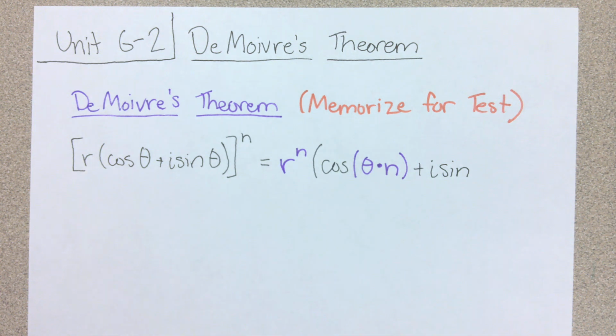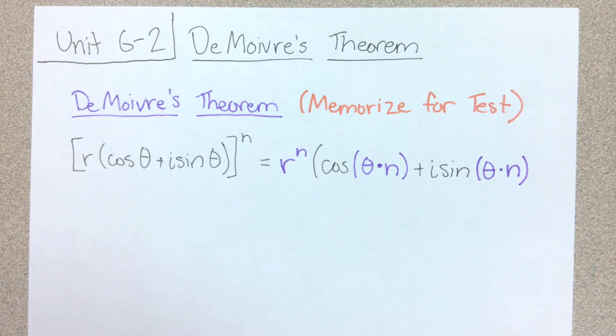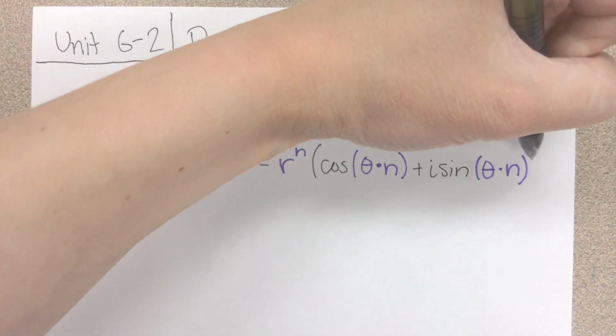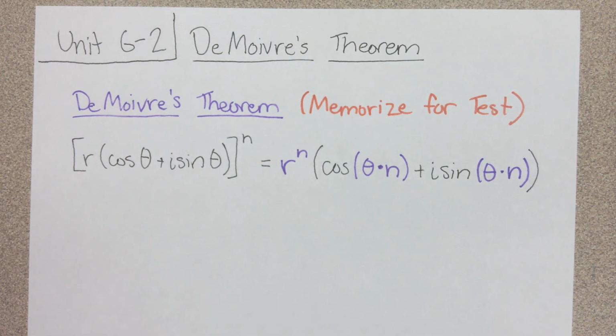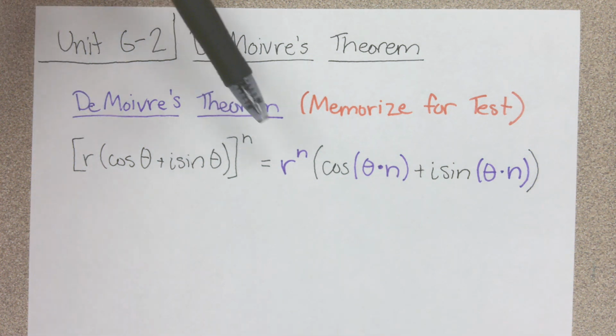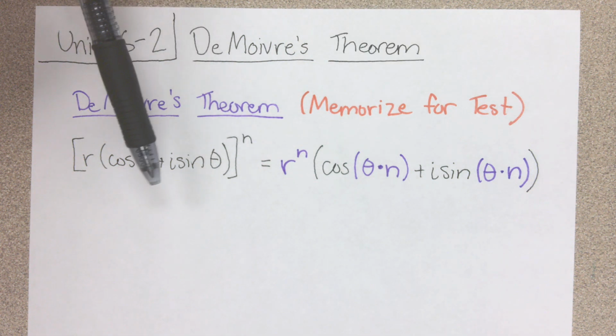Plus i sine theta times n. So once again, all you do is you take the r to that power, like an exponent, but then you multiply it by the theta.